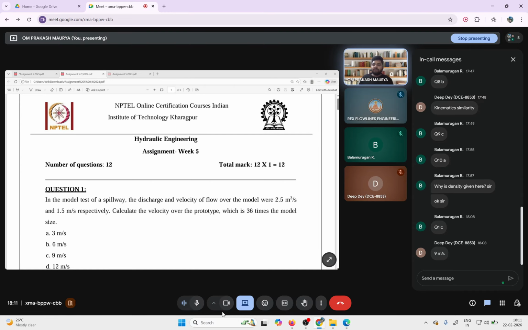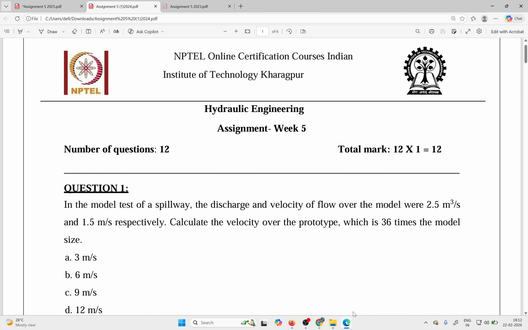Okay, so now we'll start the next assignment. That is the same week 5 assignment, but 2024, not 2025. Question one: in the model test of a spillway, the discharge and velocity of flow over a model were 2.5 meter cube per second and 1.5 meter per second respectively.